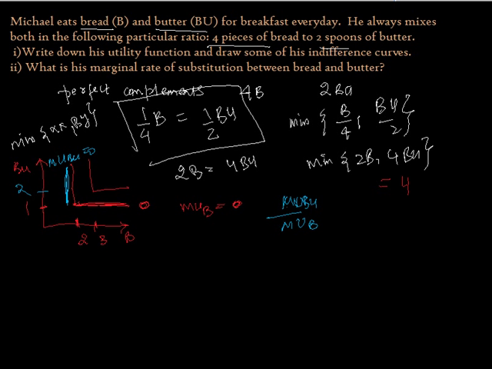And MRS is MUX upon MUY, which is MUB upon MUBU. I had written it upside down earlier. So within this range of the indifference curve, since the numerator is 0, it will come out to be 0.